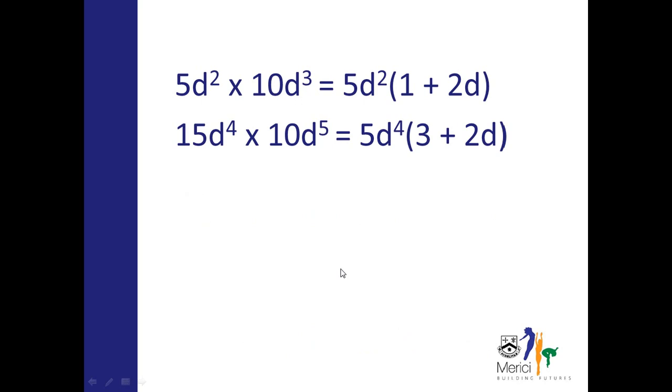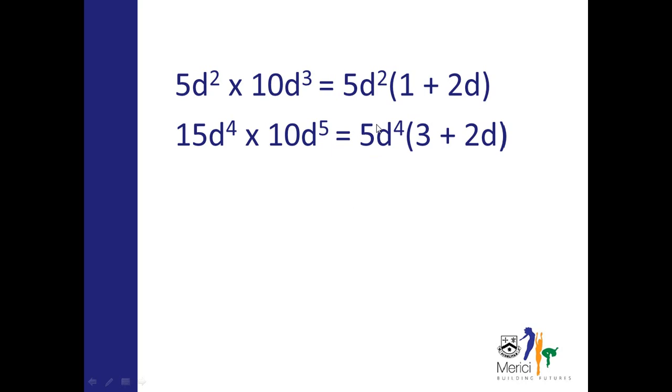So if we just have a look at that again, 5 is the highest that goes into both 15 and 10. d to the 4 goes into both of them, and if I multiply d to the 4 by 3, I'll get this as an answer.